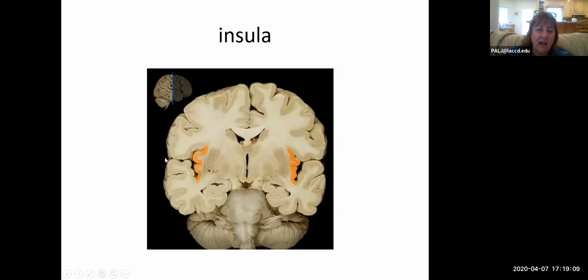So here's the lateral fissure, and if you go in deep, there's actually gyri and sulci on the surface of the brain deep to that. And this area of the brain is known as the insula. It's not a separate lobe all on its own. It's just a special area of the temporal lobe, a very specific area when it comes to our special senses.